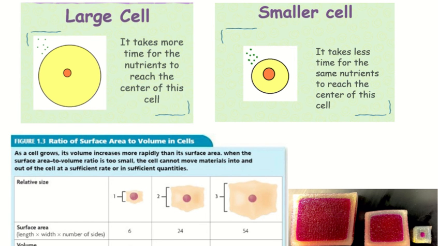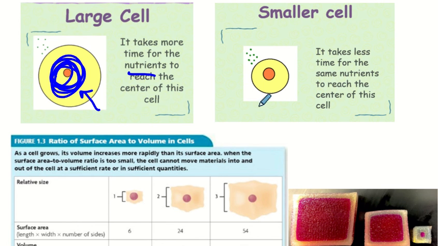So when you think of a large cell, why cells aren't very big is if you have more surface area, you have more volume. And it's simply going to take too much time for something to get to the center of the cell. Nutrients, important macromolecules, oxygen, carbon dioxide, it's going to take too long to reach the center. The cell's going to die.